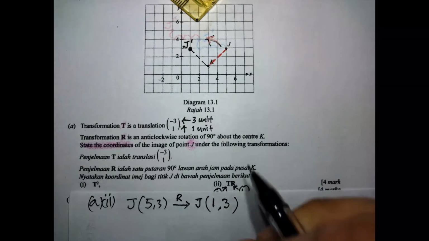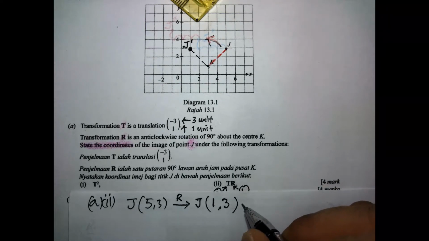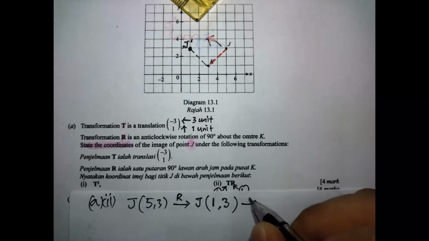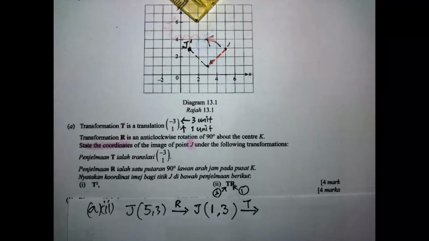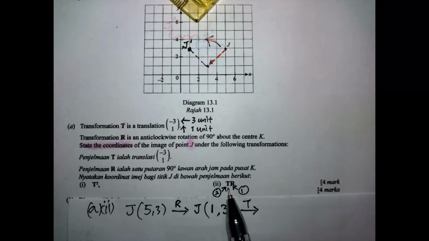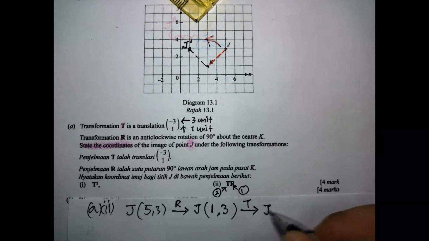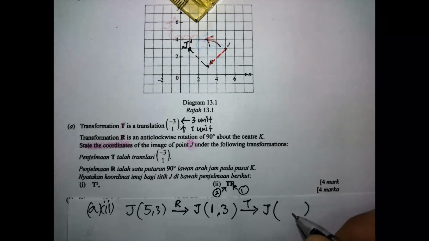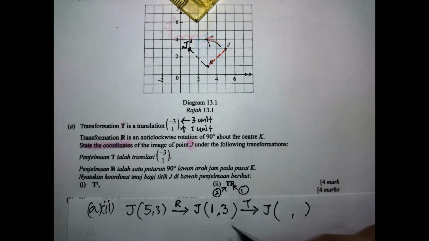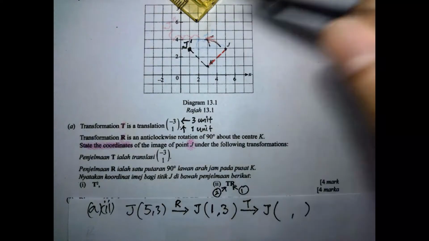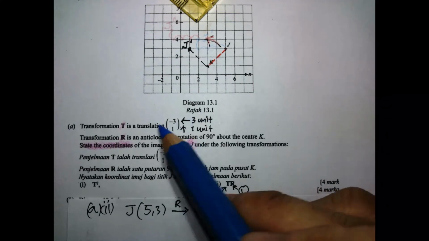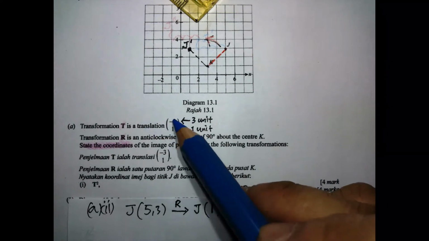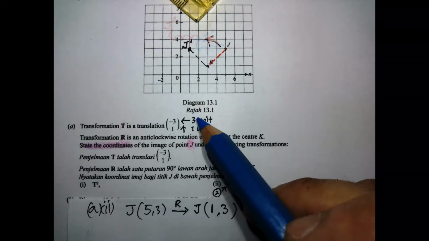Now we continue with the second transformation, which is T. Because we already identified number 1 is rotation, number 2 is translation. For translation, we continue from the point here, 1, 3, and we do T. T is translation (-3, 1), meaning 3 units to the left and 1 unit up.